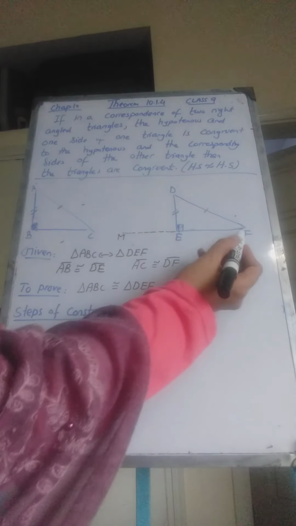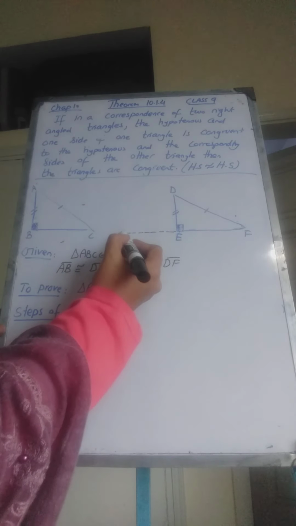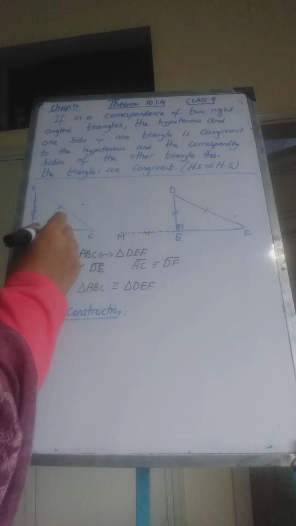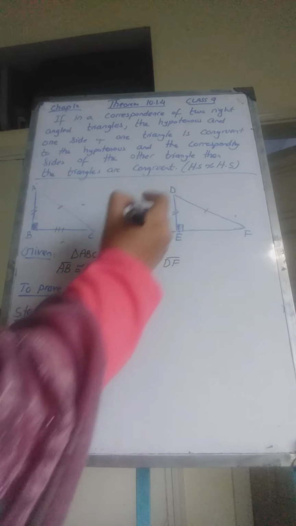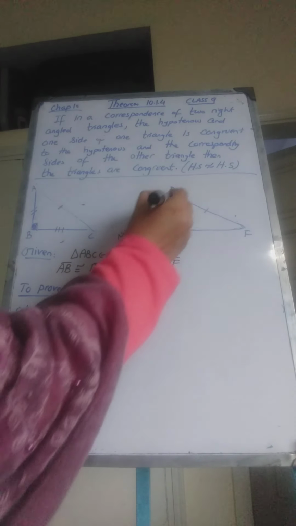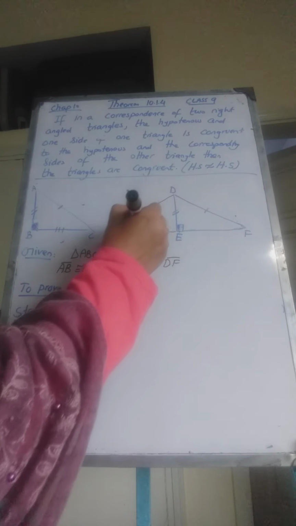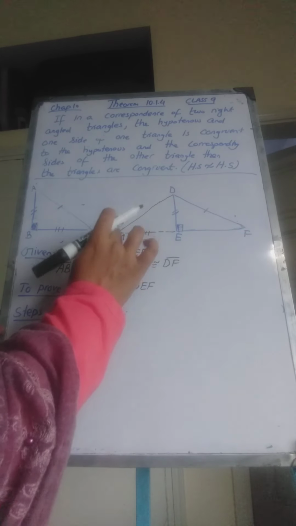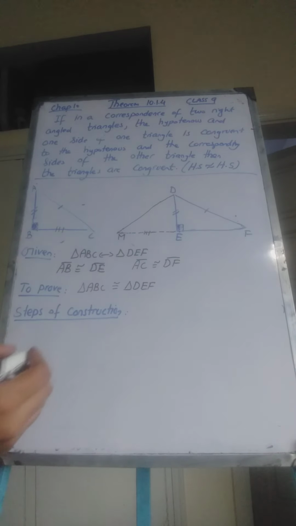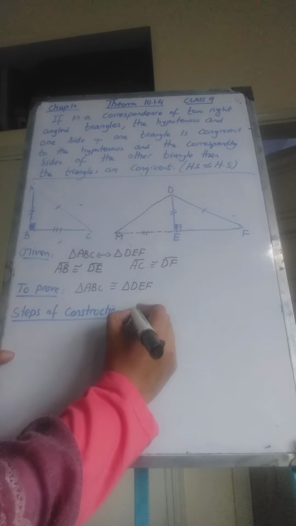Okay, so extend the line EF to a point M such that this length becomes equal to BC. These are the steps of construction, and then you are going to join D to M.